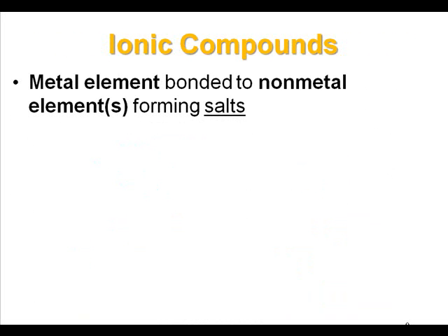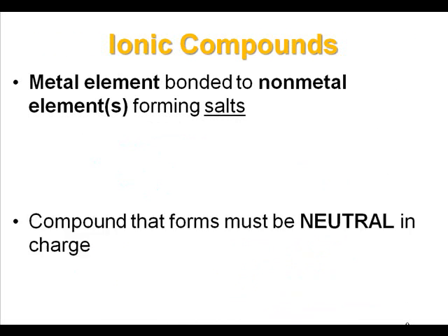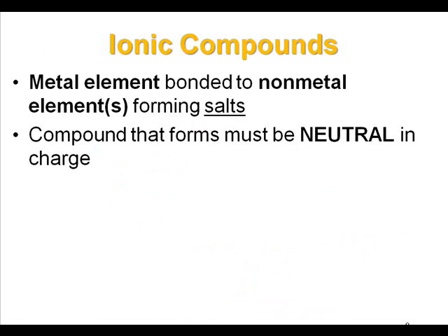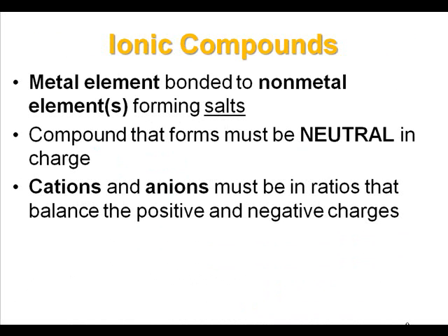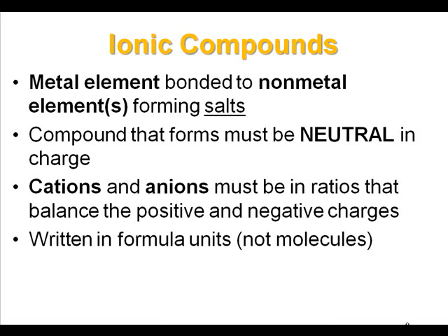Notice that, again, we bond them together. It forms a salt. The ending compound has to be neutral. The cations, which are positive, a helpful way to remember that is when you spell cation, the T looks like a plus, so that must be the positive. So the cations and the anions, they have to be in a ratio that gives you that neutral charge overall.